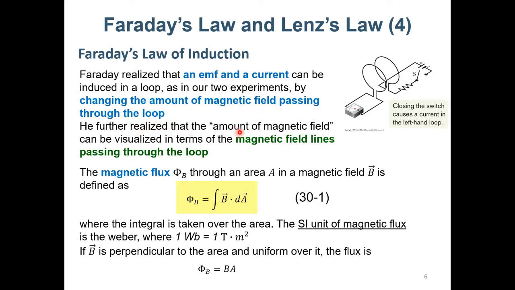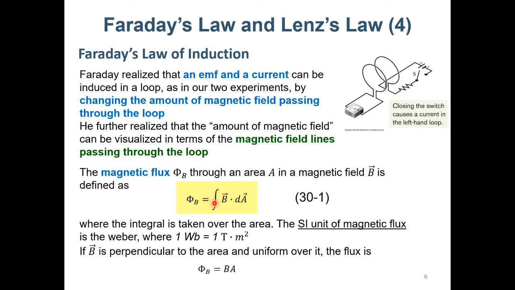He further realized that the amount of magnetic field can be visualized in terms of magnetic field lines passing through the loop. So similar to what we defined in chapter 23 for the electric field, we also define the magnetic flux Φ_B through an area A in the magnetic field. Φ_B is defined as this one.